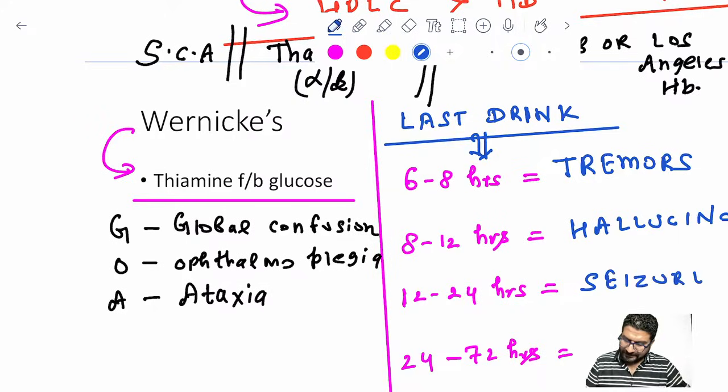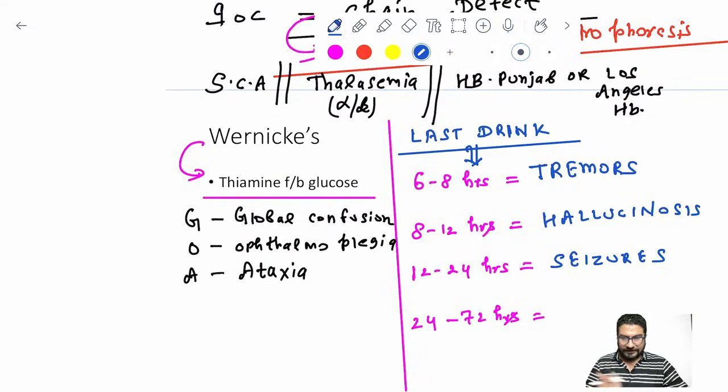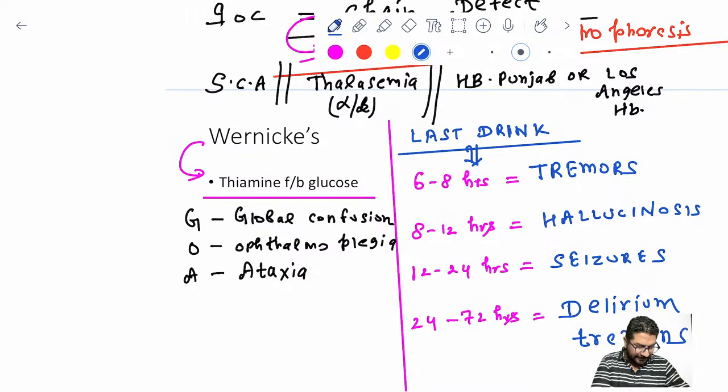These seizures we also call rum fits. The patient can develop epileptic seizures. And lastly, 24 to 72 hours, this is the time where the patient is developing delirium tremens. This question I see repeatedly in both NEET PG and FMGE. Am I clear? This is something you have to remember. Rum fits or delirium tremens.